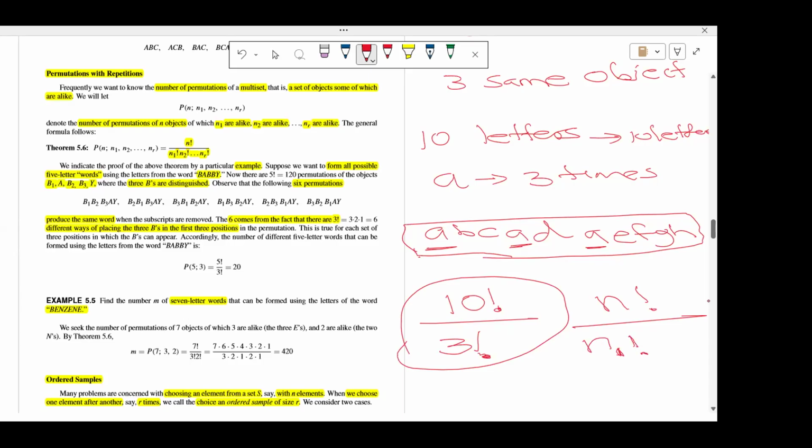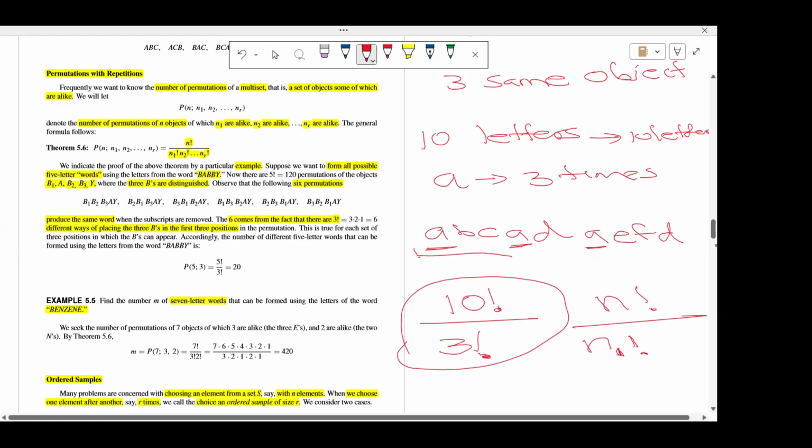Now just think, here there is no G and H. Let's say the letters are A, B, C, D, A, C, D, A, E, F. Now also we have 10 letters.